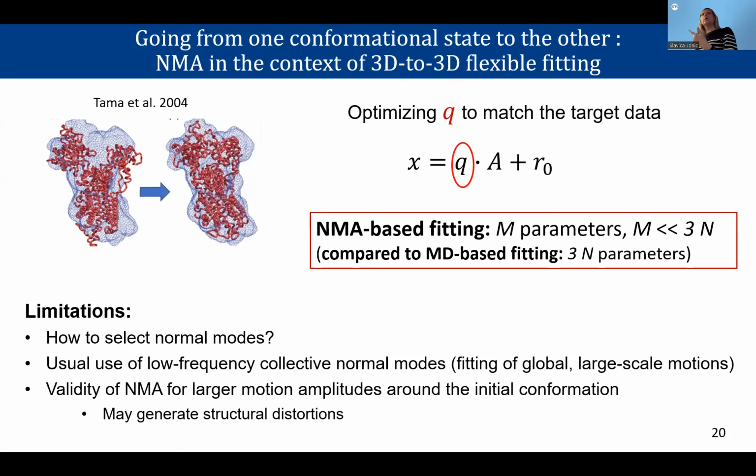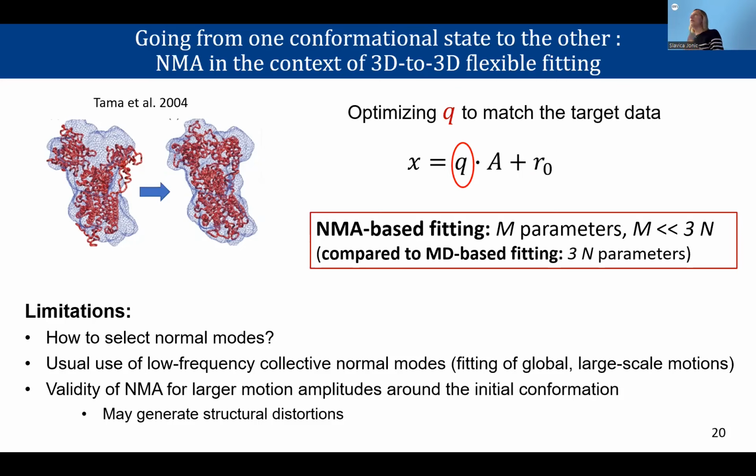And I think the optimization gets stuck in local optima in this fitting problem, because you are optimizing these Qs for a high number of normal modes. That is why we reduce the number of normal modes to something smaller. So when you say, I will take the first 10 normal modes or 15, this means that you are using the most collective motions.